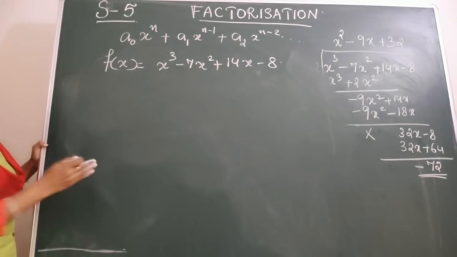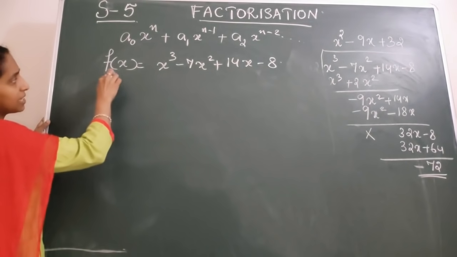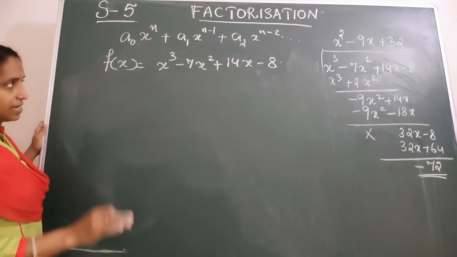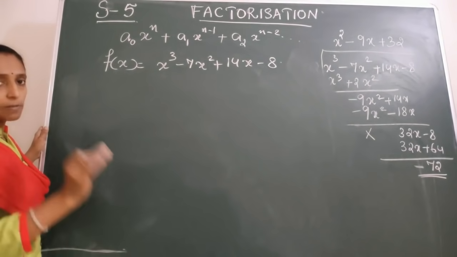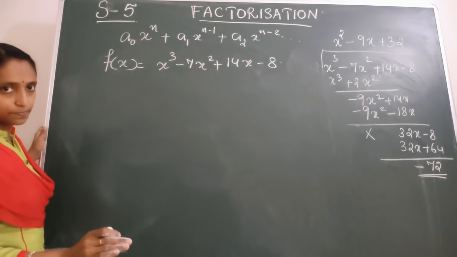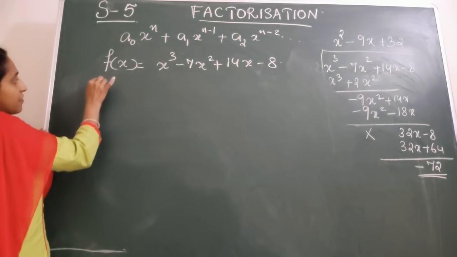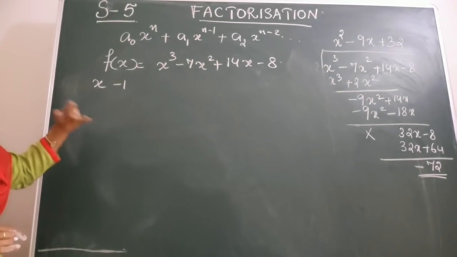The polynomial given is f of x equal to x cube minus 7x square plus 14x minus 8. Check whether x minus 1 is a factor. That's my question.